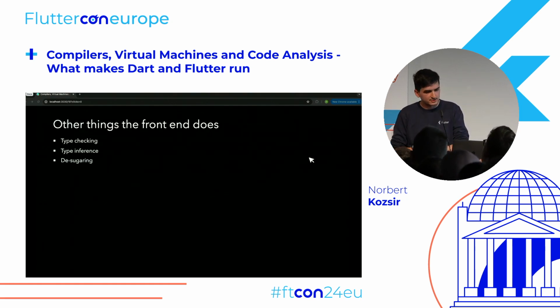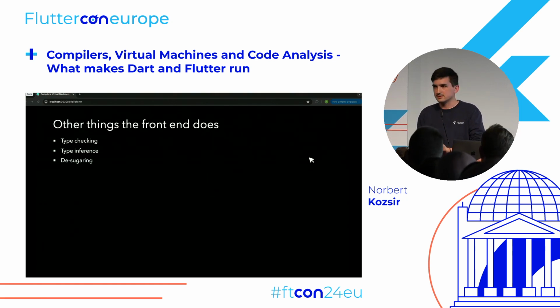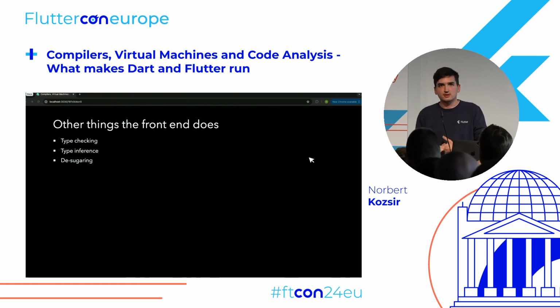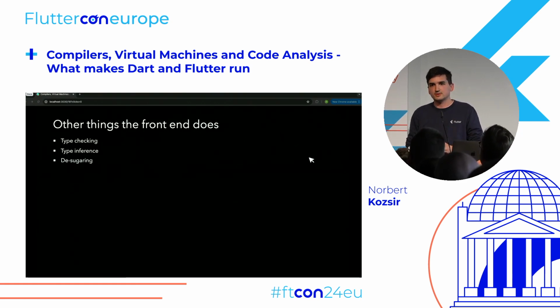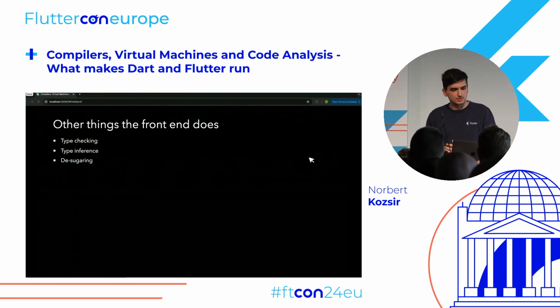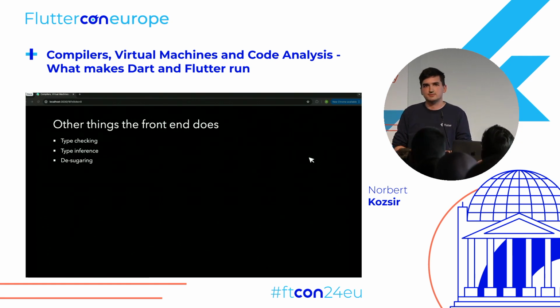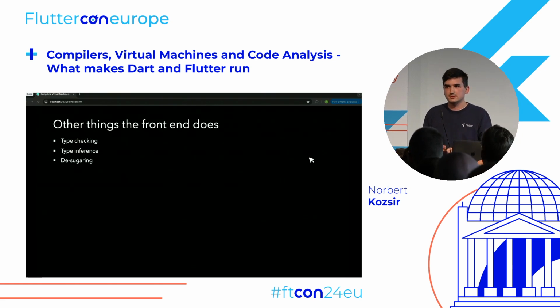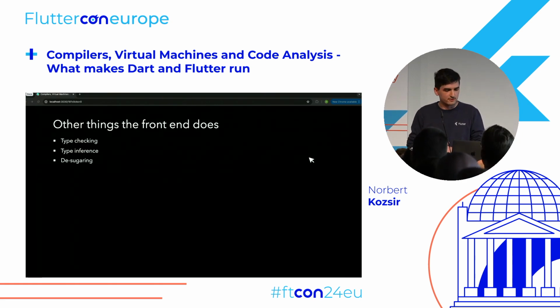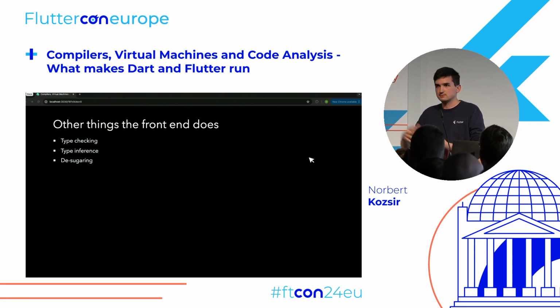A couple of other interesting things the front end does are things like type checking, making sure that all the types line up, that you don't assign a string to an integer. It does some type inference, where you say it's a final or a var without explicitly specifying what the type is. So it can infer the type by looking at what the other side of the equal sign is.